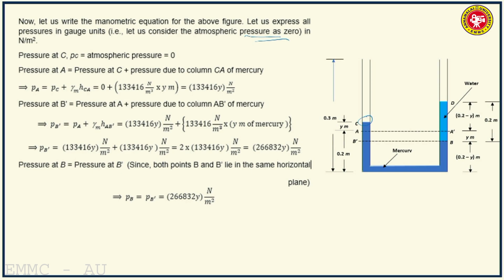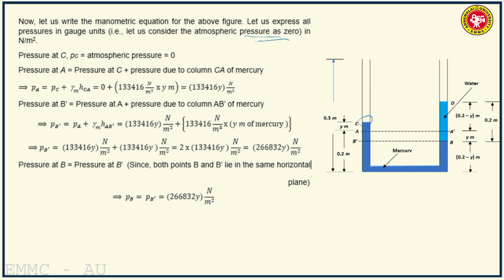So pressure at C plus pressure due to column CA of mercury. The mercury column has gone up by y meters. So PA will be equal to PC plus gamma m H CA, that is 0 plus 133416 multiplied by y meters, so Newton per meter square.